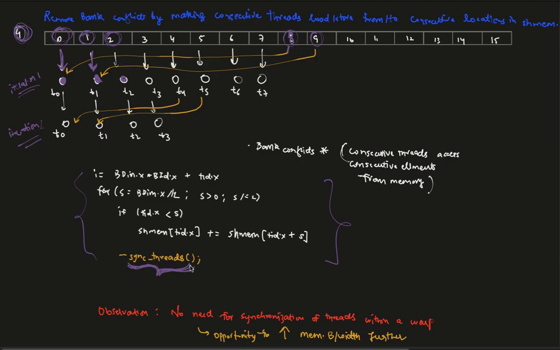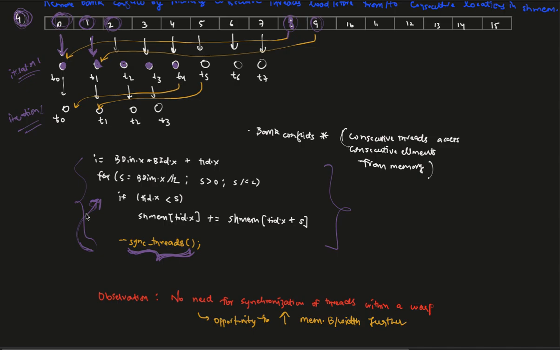The reason we have a sync threads command is that after each iteration, we want to be sure that each shared memory location has the sum that it is supposed to have before moving on to the next iteration, because in the next iteration we are accessing data from those shared memory locations. So before we move on, we need to be sure that each shared memory location has the sum of values it is supposed to have.